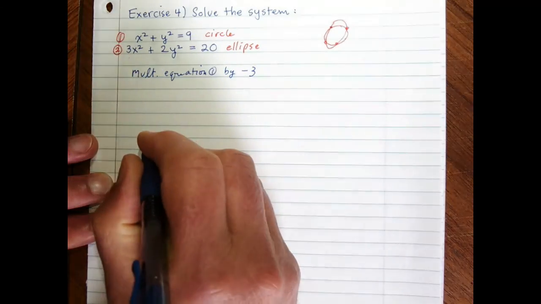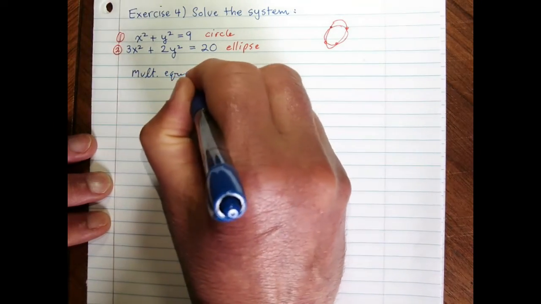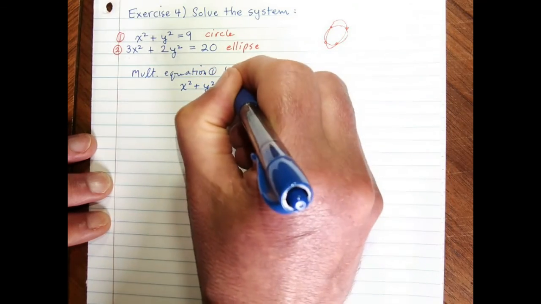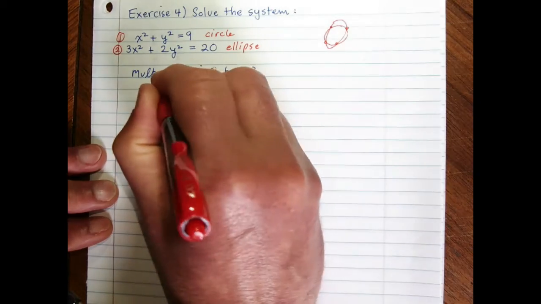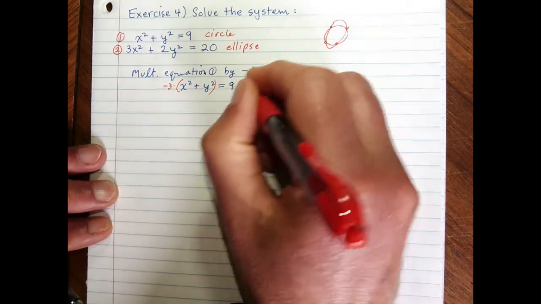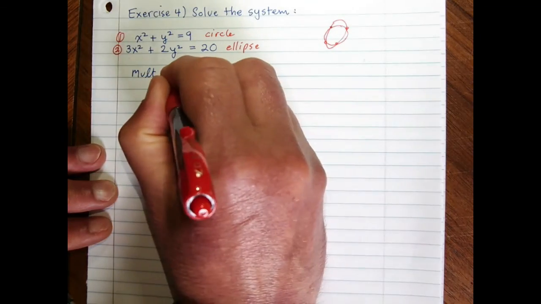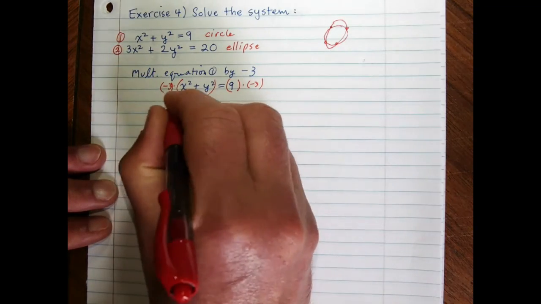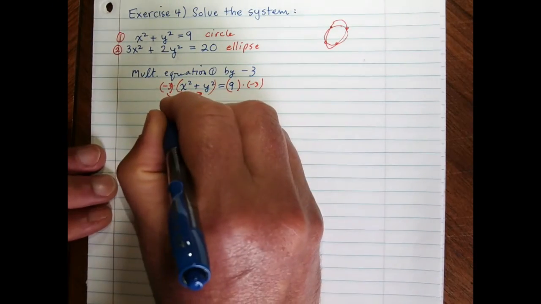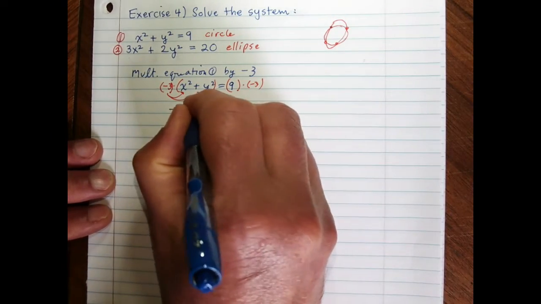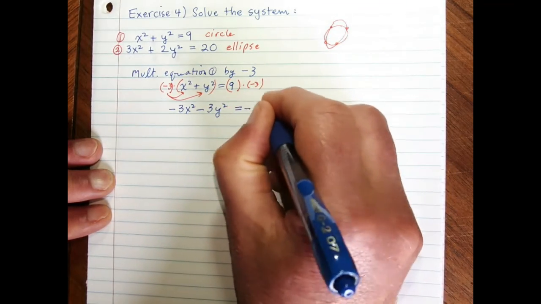So I'm going to take that x squared plus y squared equals 9, and multiply both sides by negative 3. Of course, I got to distribute through the sum on the left. So I'll have negative 3x squared minus 3y squared equals negative 27.